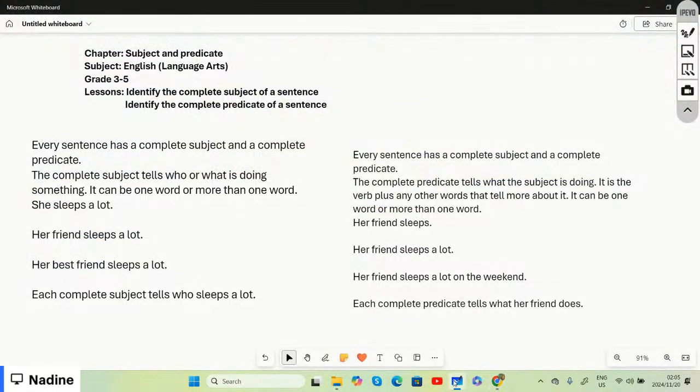So our chapter is subject and predicate. The subject is English language arts. We're doing grade 3 to 5.